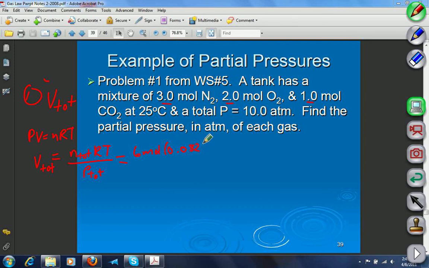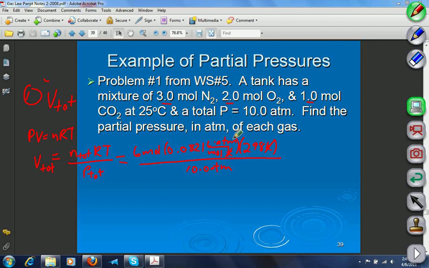R is always 0.0821 liters atmospheres over moles kelvins. Those units are so helpful to make sure you are using the correct units in the other part. And temperature is 25 degrees Celsius, which is 298 K. You've got to be in K. And the pressure total, I believe it tells us, is 10.0 atmospheres.